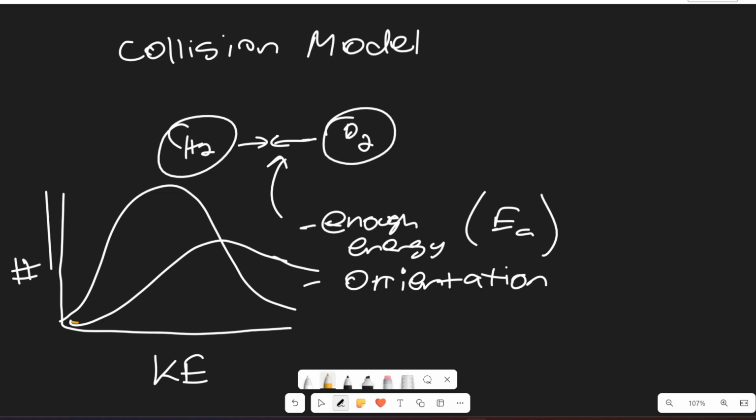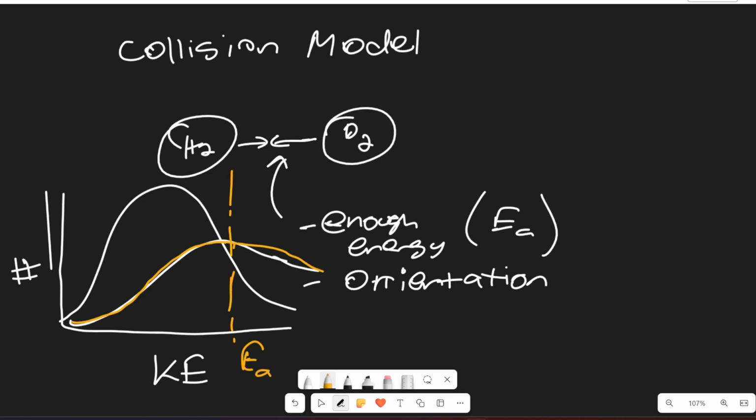I'll draw the second curve in another color. Our second curve here, more molecules have a higher amount of KE, and if we draw a line here, this can be seen as the activation energy barrier, which is essentially like the particles need to have this amount of kinetic energy to overcome the activation energy for a reaction to occur.